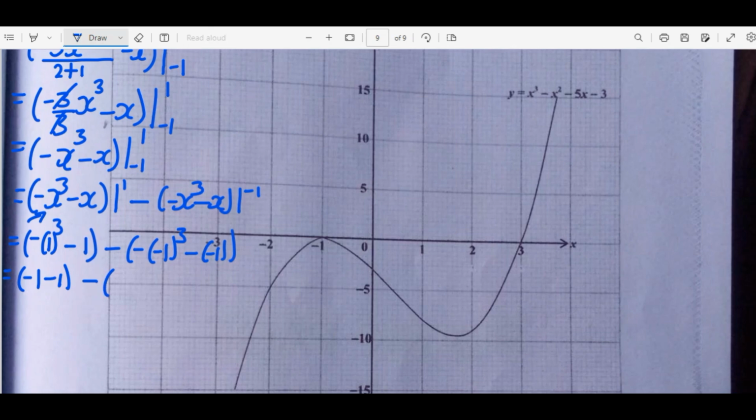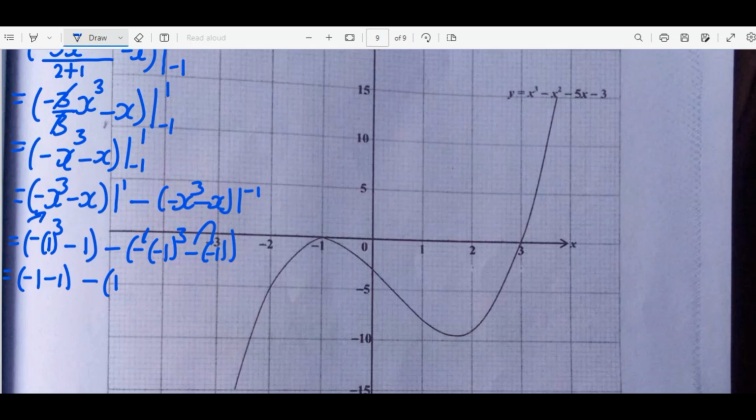Now for this part, it's -1 times -1 times -1, and do not confuse the inside negative with this negative here. This negative, it is the negative that we just have. So the inside will be -1 times -1 times -1 will still be -1, then times the outside negative, which is +1.